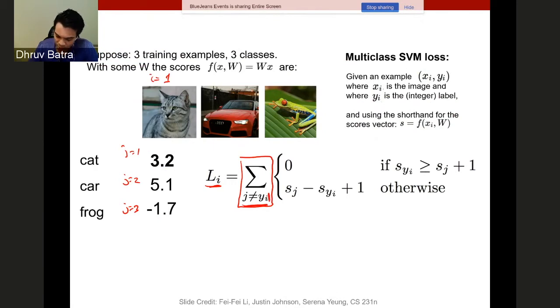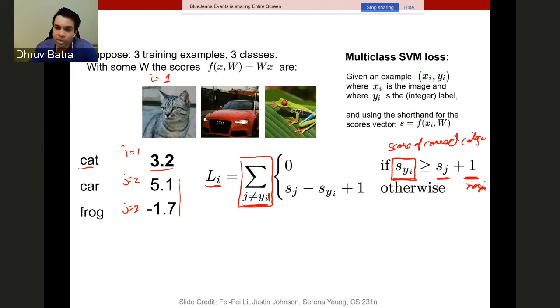Let's put that aside for now. We're summing over all the other categories. And what we're saying is, if the score of the correct category, we know that the correct category is cat, is greater than the score of any incorrect category plus a margin of 1. Why 1?